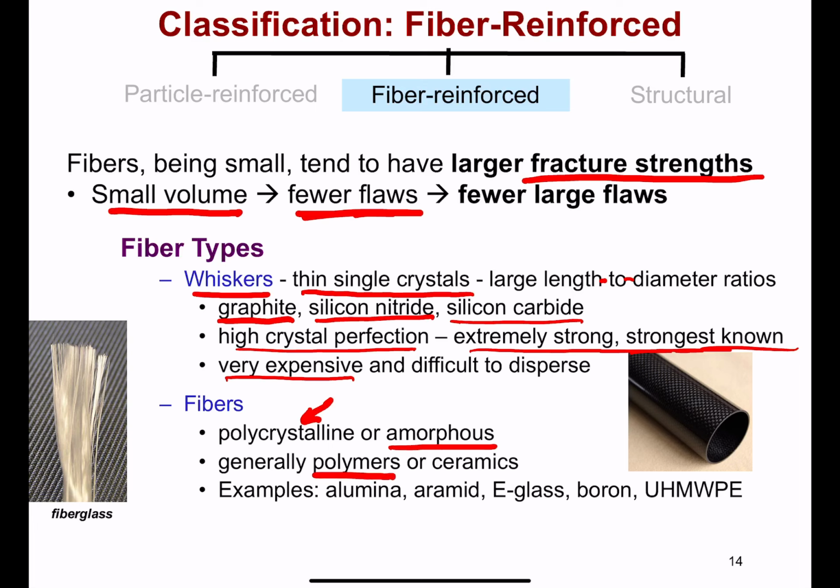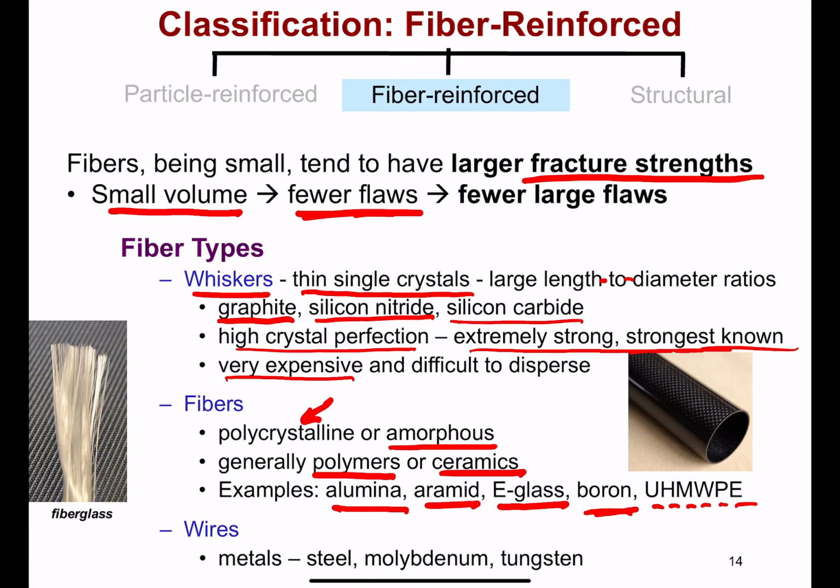Fibers tend to either be polymer or ceramic in their composition. And some examples include alumina, aramid polymer, electronic glass or e-glass, boron, or even ultra-high molecular weight polyethylene. These can be used in their fiber form for fiber reinforced composites.